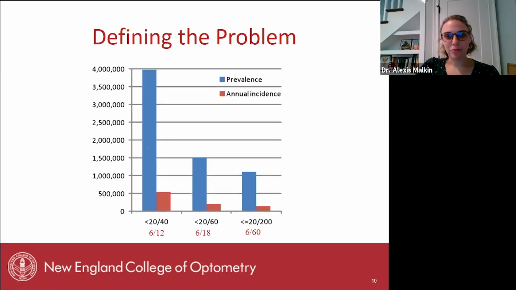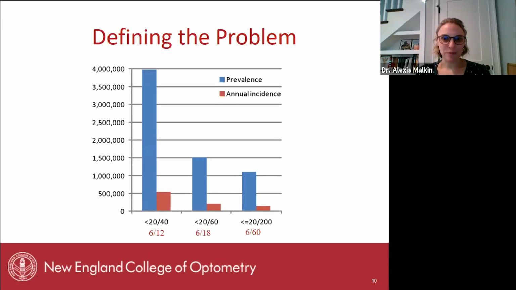So looking at the prevalence and incidence here in the United States, and the numbers match pretty well when we remove treatable causes of vision loss, when we remove treatable refractive error and cataracts in other parts of the world. The prevalence of people who are worse than 20/40, but better than 20/60 is by far the highest group of people affected with low vision.